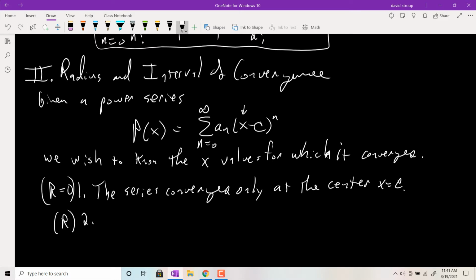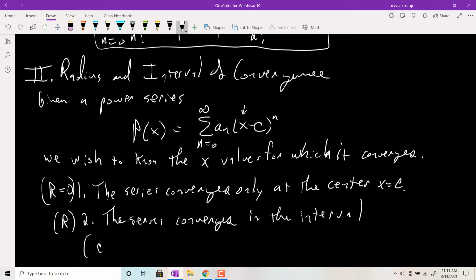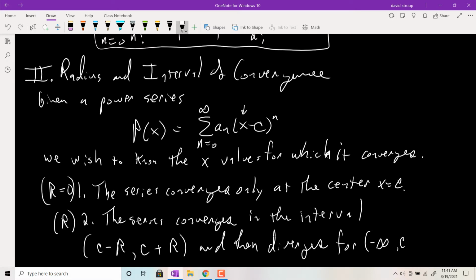So in this case, the series converges, and this is absolutely convergent, by the way, in the interval from C minus R to C plus R, and then diverges for negative infinity to C minus R union with C plus R to infinity.